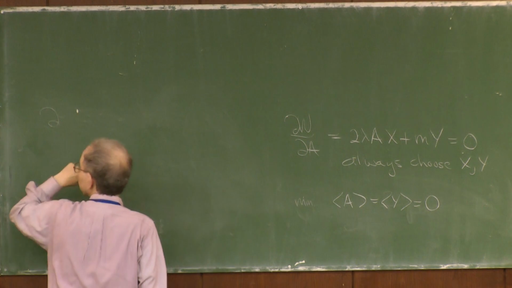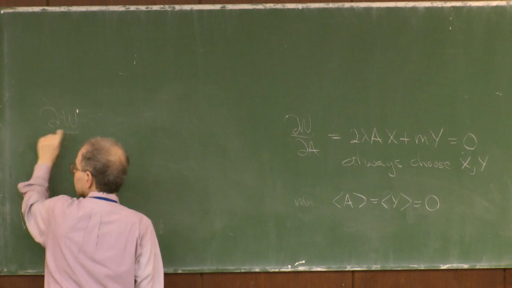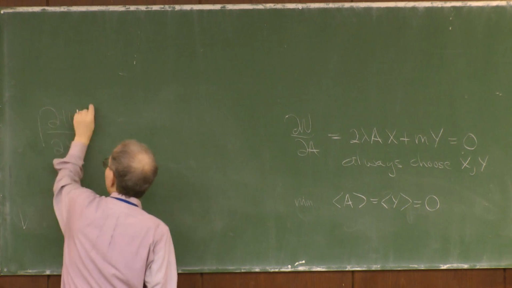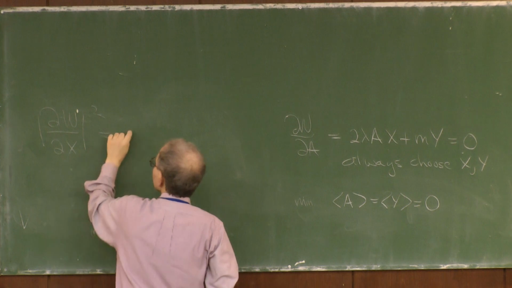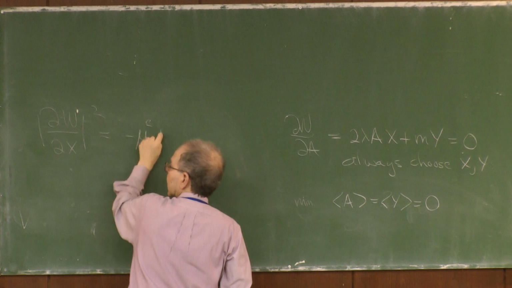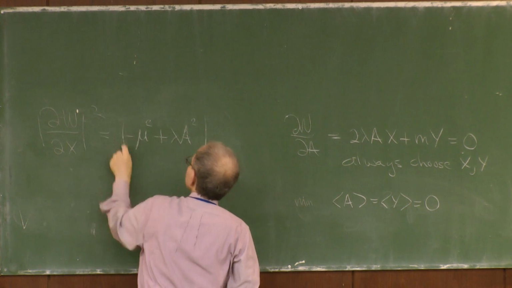So if I look at the potential dW/dX squared, this has a piece that looks like minus mu squared plus lambda A squared, all squared.